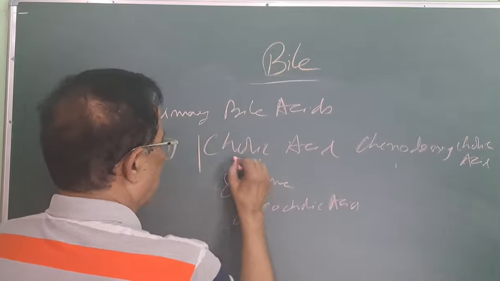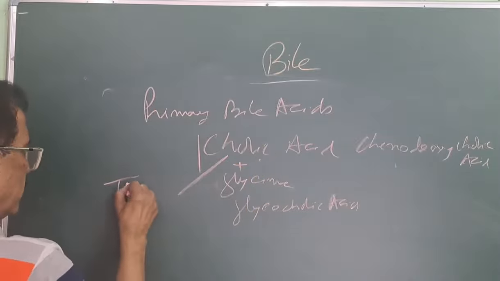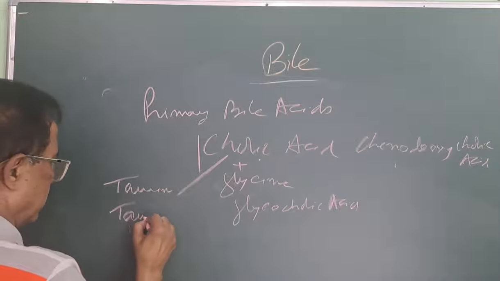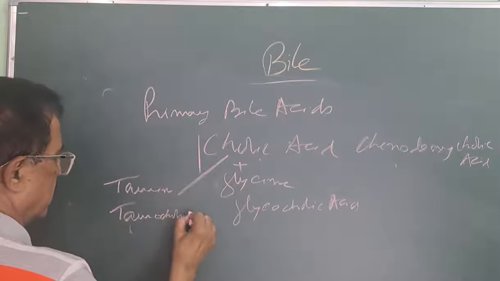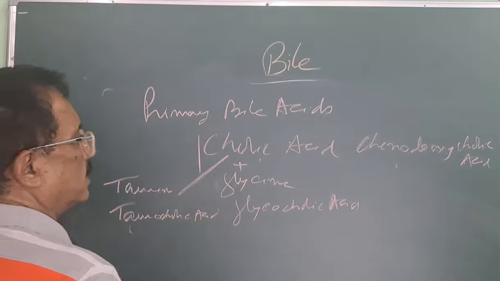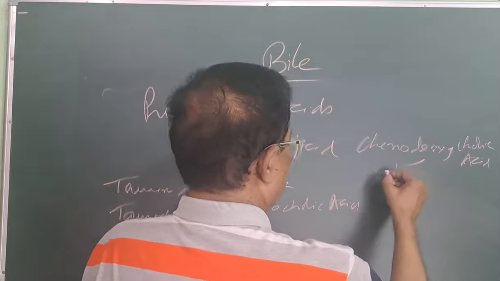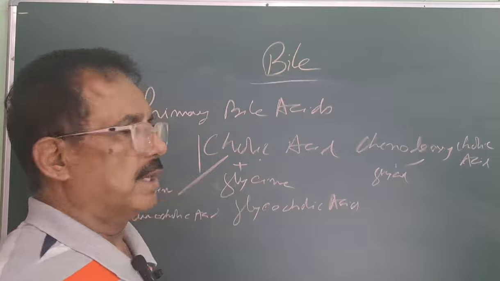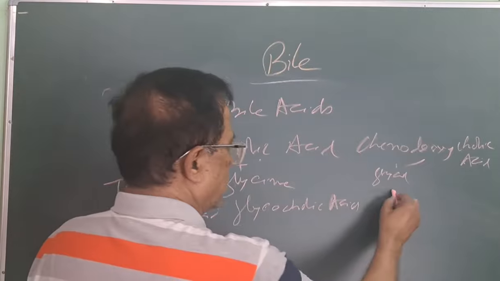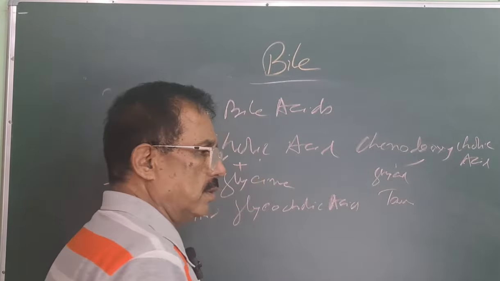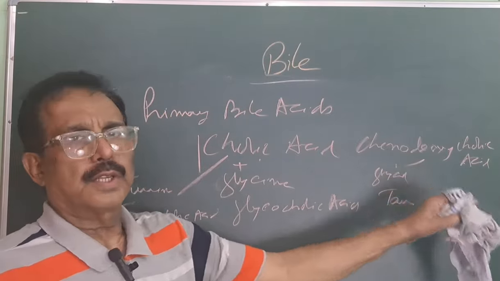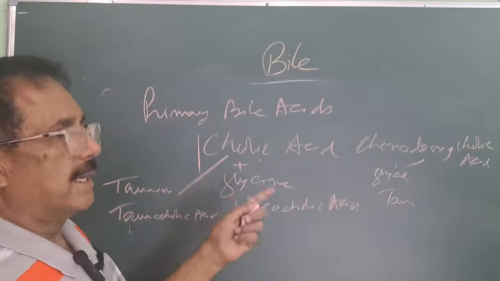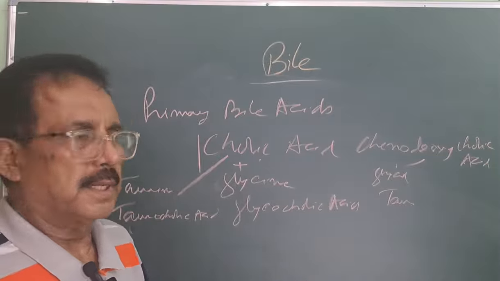When it combines with taurine, it will form taurocholic acid. Likewise, chenodeoxycholic acid combines with glycine to form glycochenodeoxycholic acid, and with taurine to form taurochenodeoxycholic acid. Secondary bile acids also conjugate with these.